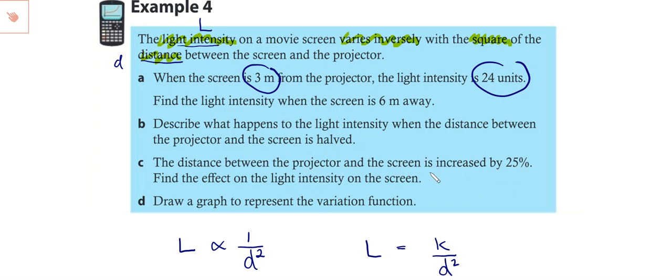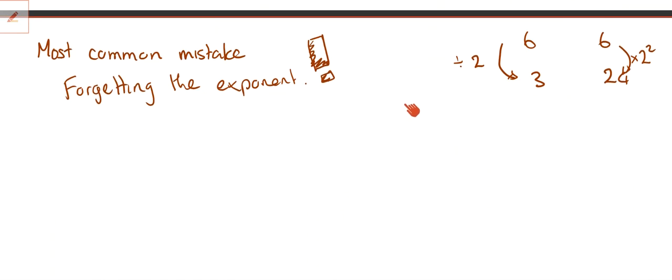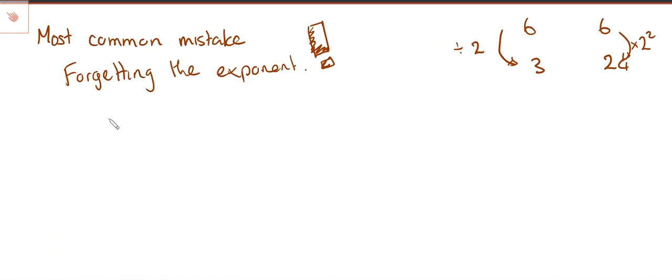But this is an important one, actually. So how would you do that with no numbers? Let's write that down. So we've got L equals 216 over D squared. Okay? What do we say?